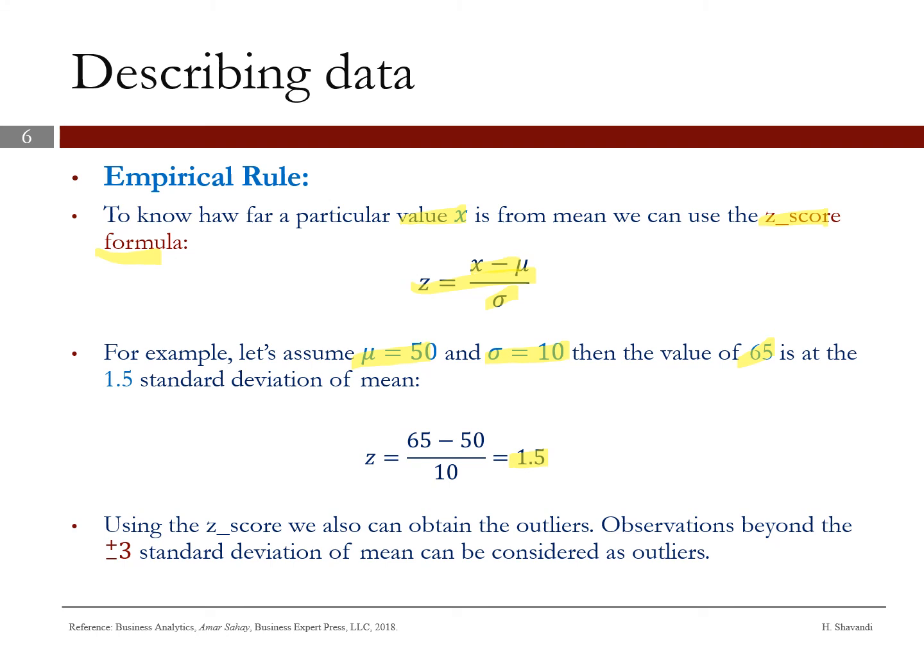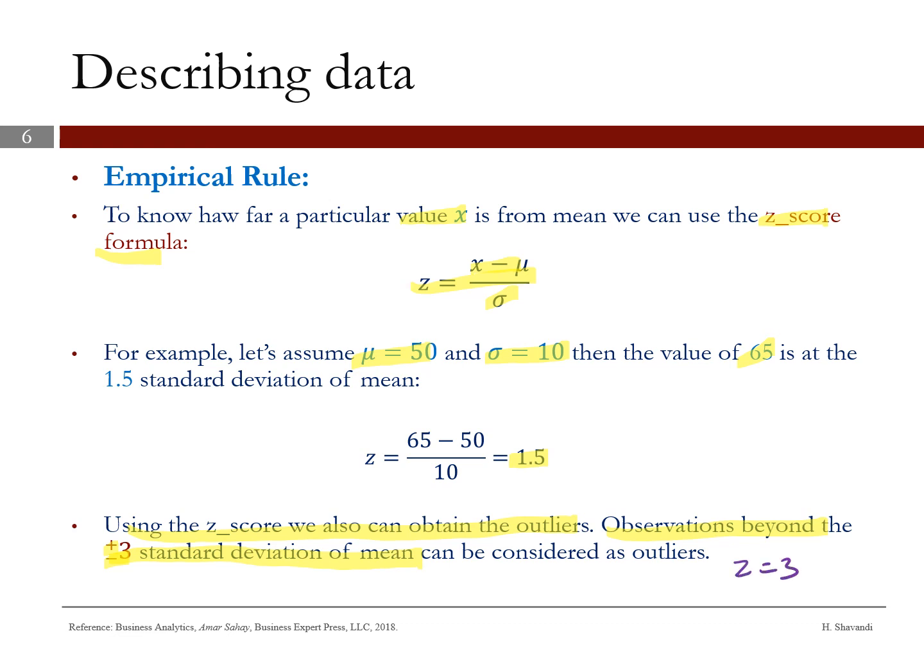We can also use the z-score formula to identify outliers. For example, we can say any observation beyond plus minus 3 standard deviations of the mean can be considered an outlier. So here we can obtain the range by z of 3.